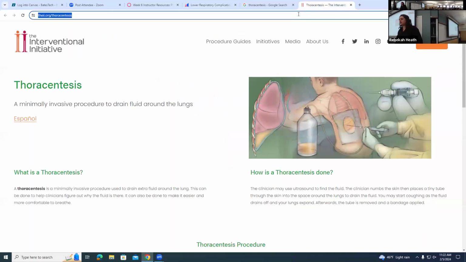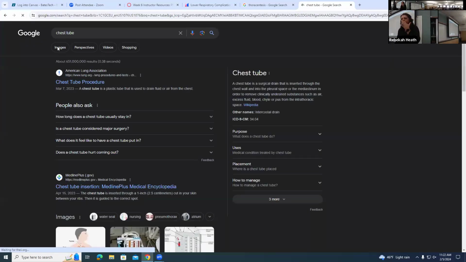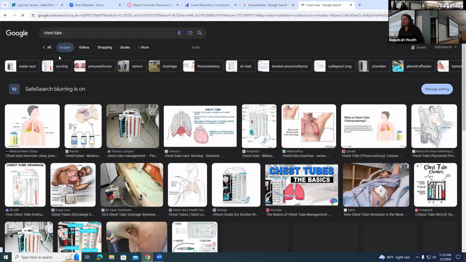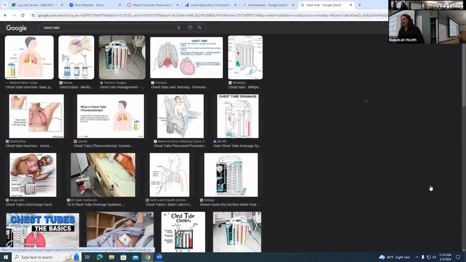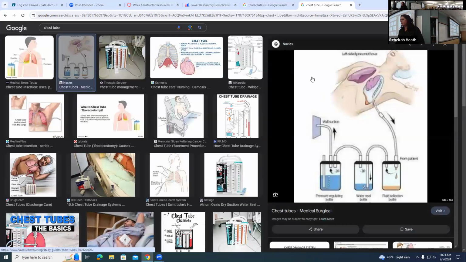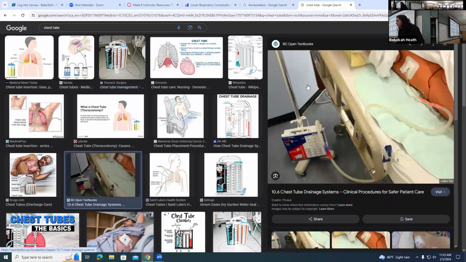Let's find a chest tube. The ones your book showed you, I think it was more like this. I mean, maybe 50 years ago. I've only seen ones that look more like this. And this will be hooked up to the patient like this.